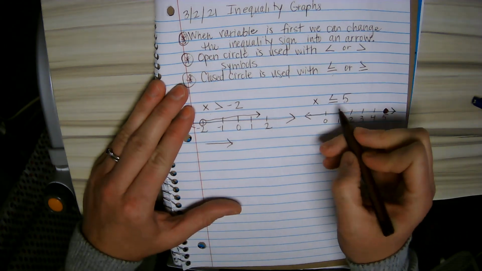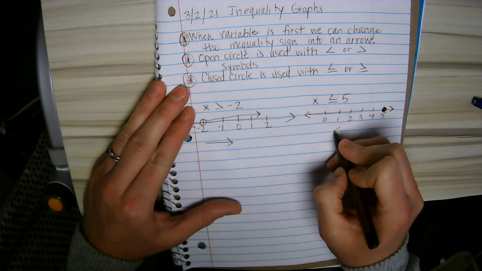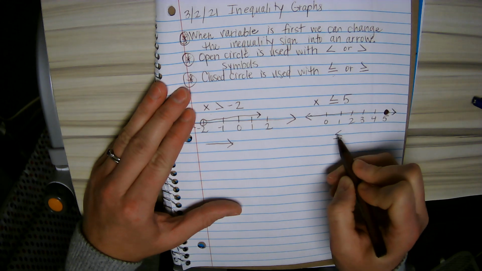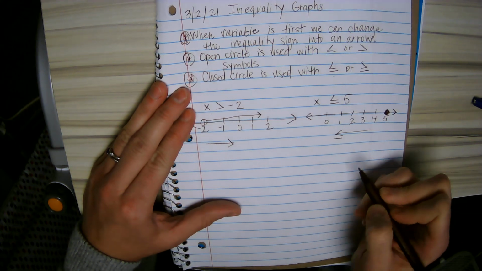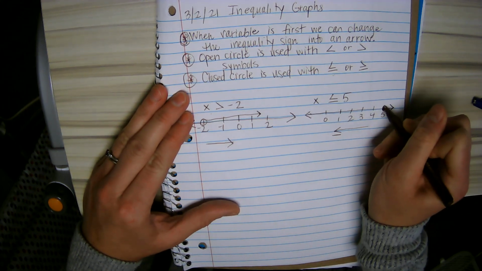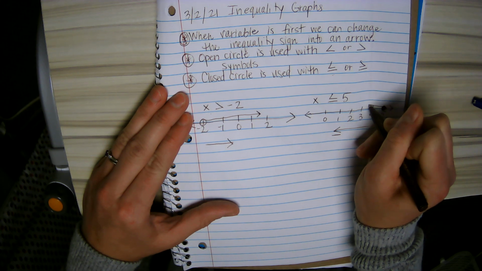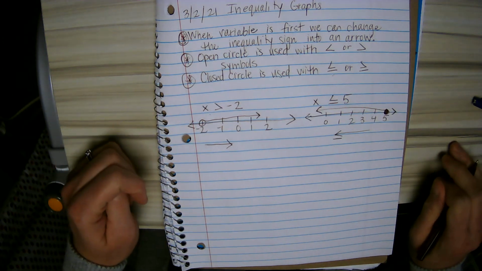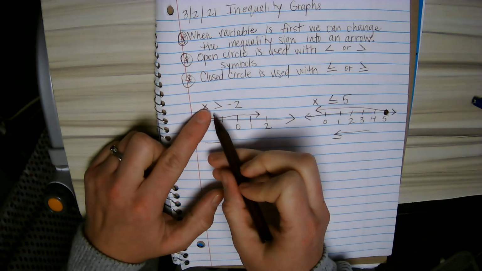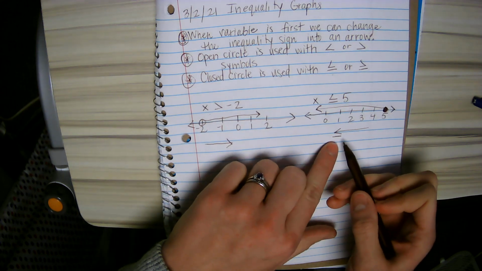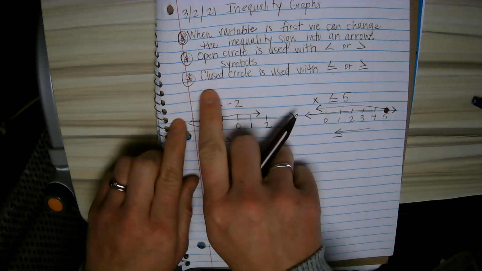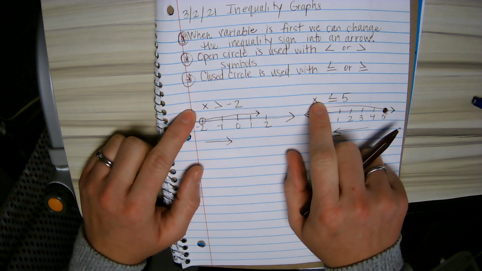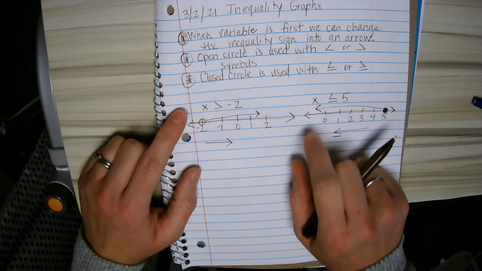And then I'm going to use that less than or equal to sign here, and I'm going to make it into an arrow. So if it's less than something, it is going to the left. If it's greater than something, it's going to the right. But do you see how that sign gives us an arrow? Remember, we have to be sure our variable is listed first for that to work properly.